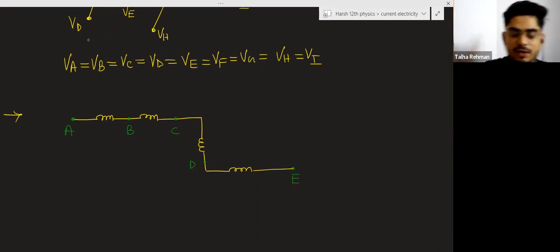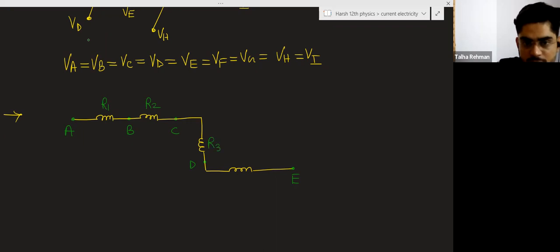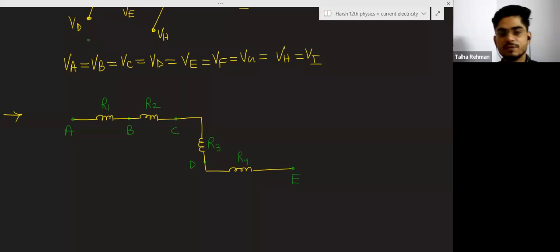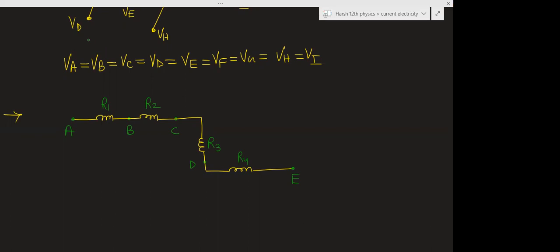One thing more: this resistance is R1, this is R2, R3. Four resistances are connected like this. What will you say about the current across R1, R2, R3, and R4?